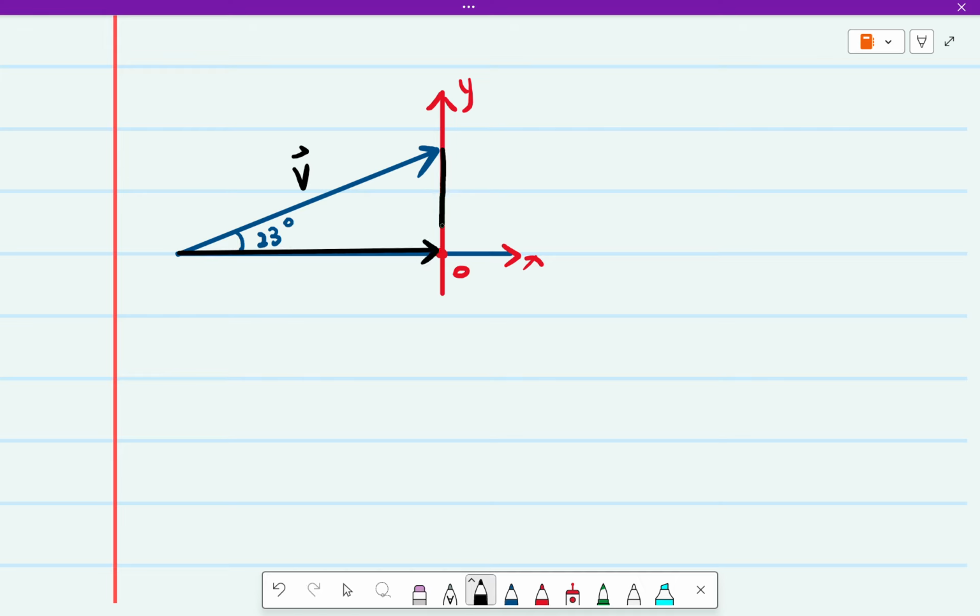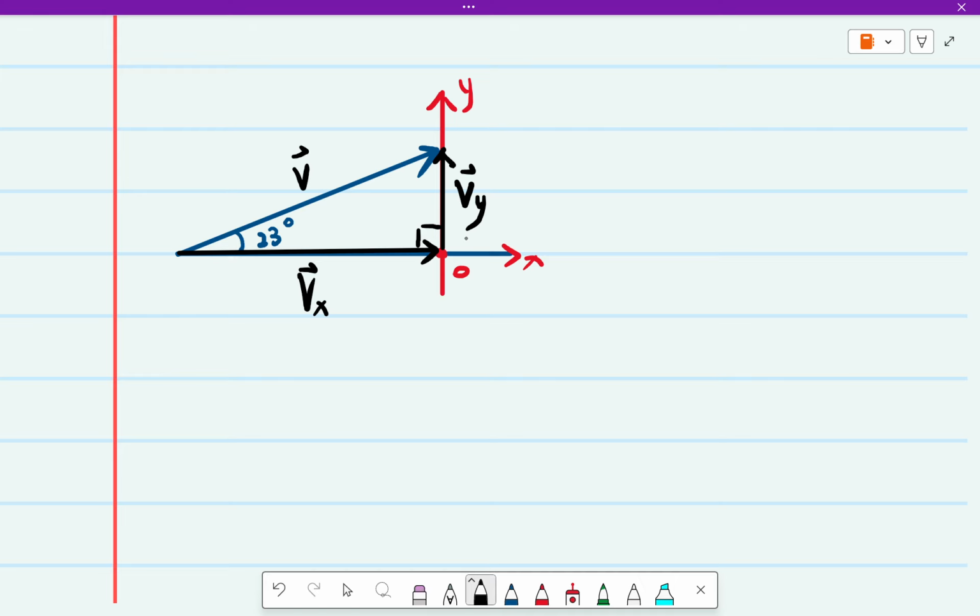And the vertical component would be on the y-axis, something like that. And they make a right angle here. So this is the horizontal component of this vector v, and this is the vertical component of vector v.